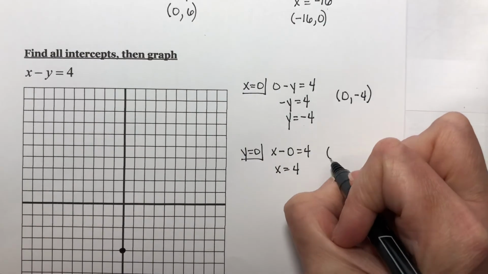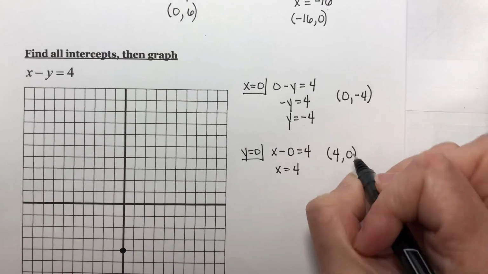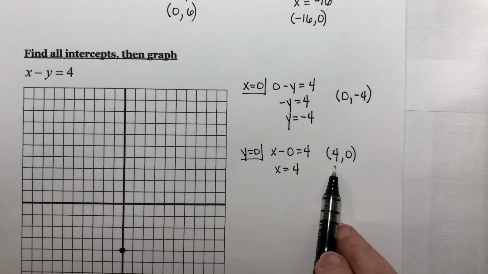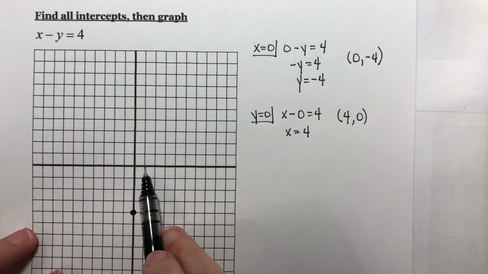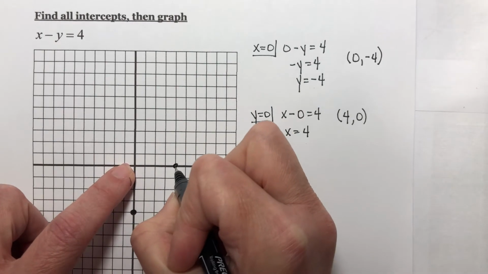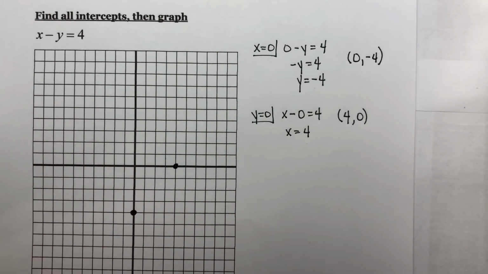That means the point (4, 0), x and then y. I got rid of y, so this should be my x-intercept. I go to 4 on the x, 0 on the y, and I get that point right there.